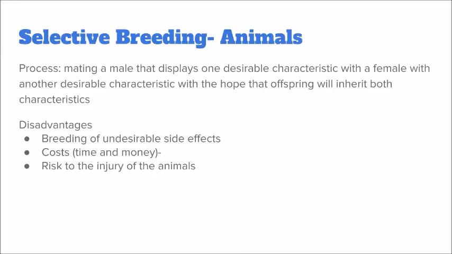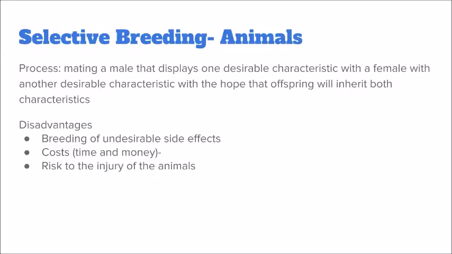In terms of disadvantages, the advantage is that you're receiving the characteristics in your offspring which you have selected, but some disadvantages include, along with the characteristics which you want to inherit, there may be some undesirable side effects from each of the organisms which are also inherited.